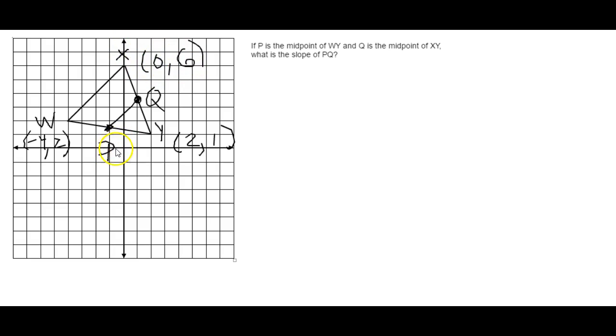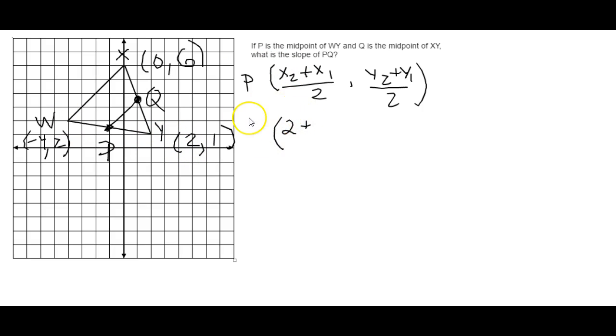So let's find P first. It's the midpoint of WY, so we are using x2 plus x1 divided by 2, comma, y2 plus y1 divided by 2. x2 being the x-coordinate of the second point. So we go from W to Y. The x value of Y is 2.